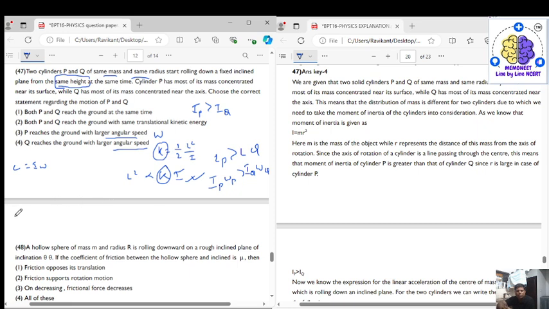So from here you can say that I P upon I Q is greater than omega Q upon omega P, right?